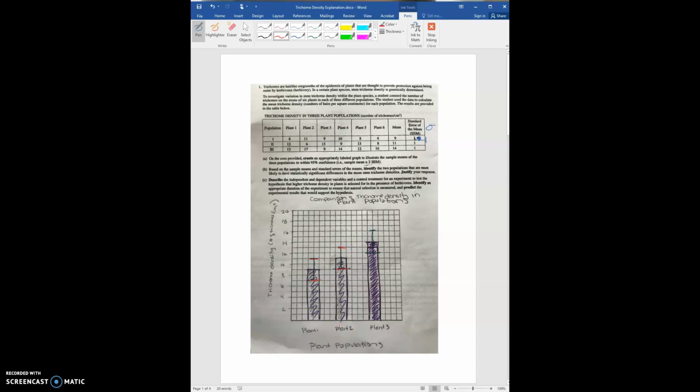But we can say with confidence that because population 1 and population 3, their lines don't overlap, in fact there's a space apart, there is a factor that is affecting the number of trichomes that are present on a plant. I think that everything else for this FRQ is pretty straightforward.